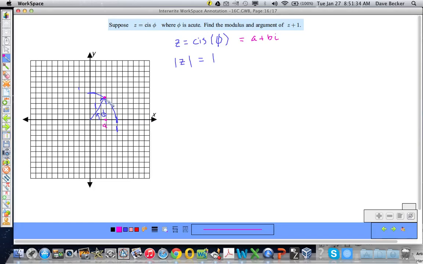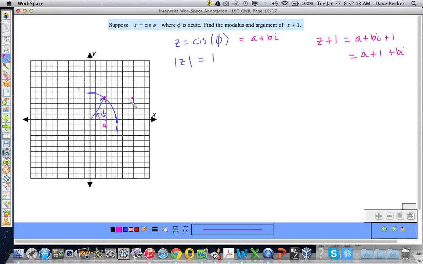So a, b. Now, let's consider where z plus 1 would be. z plus 1 would be equivalent to a plus bi plus 1, which would be a plus 1 plus bi. Are you with me? So to plot this point, I would go a and then over 1, and up to b.